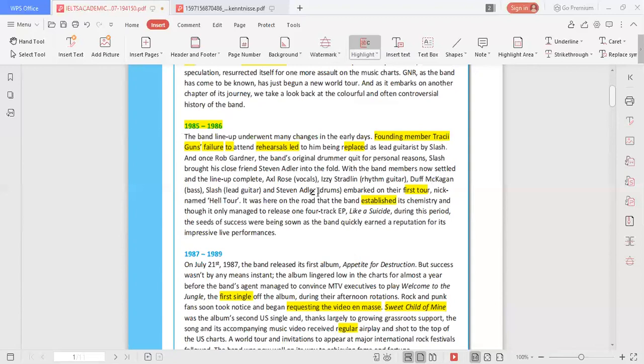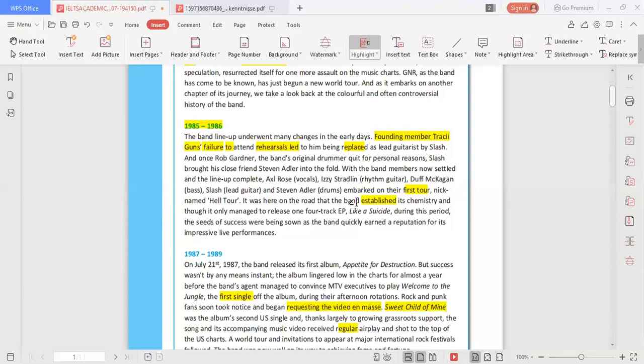So for the question we're currently looking at, you should have started reading from here till you get to first tour, and then you highlight, and you have to be very fast in reading because you see it's a lot of text. If you're not so fast, just scan. You really want to scan quickly through the text. So we got first tour here.